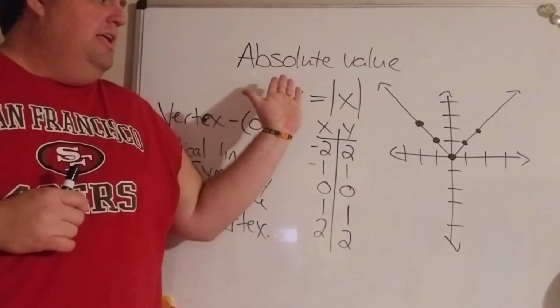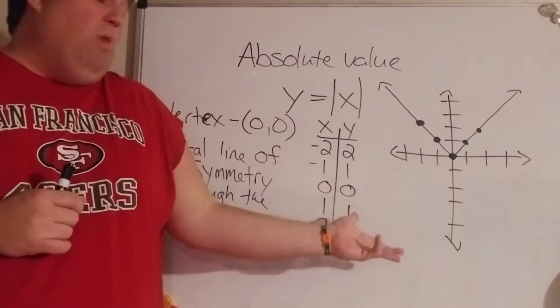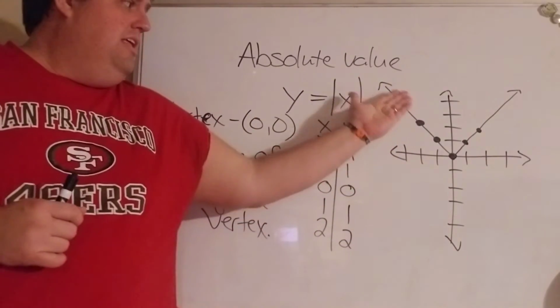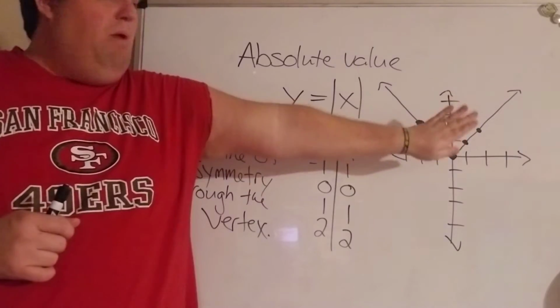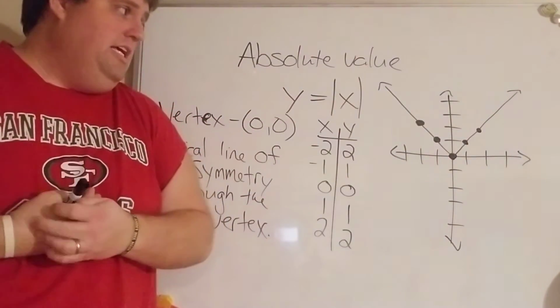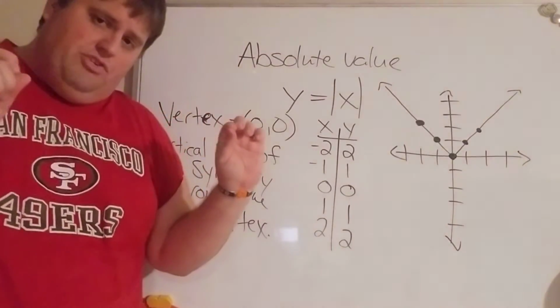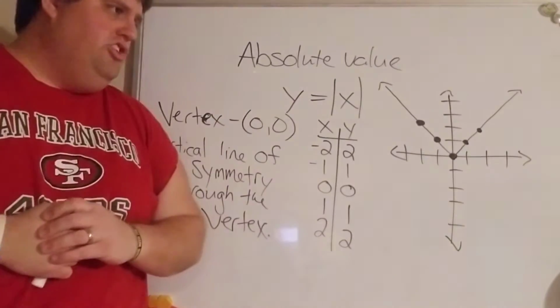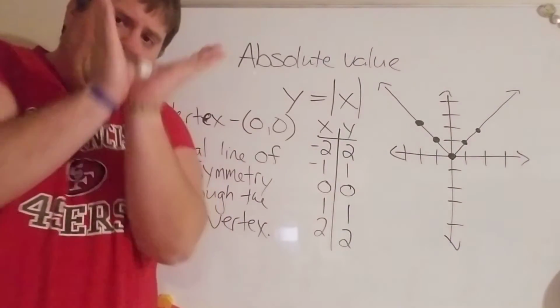In this case, it's the y-axis, in fact. So if I reflected this side over the y-axis, those are going to line up perfectly. And that's always going to happen in an absolute value function, we're going to have this line of symmetry.